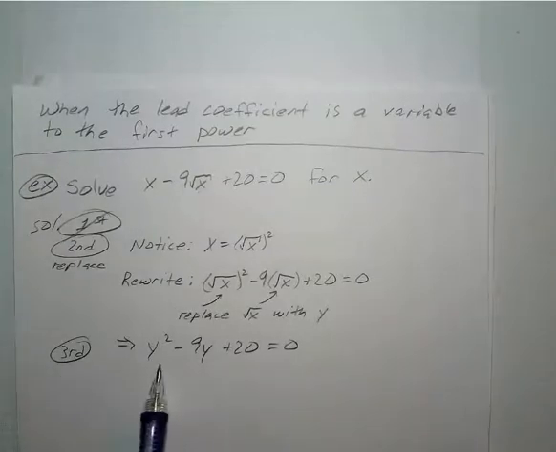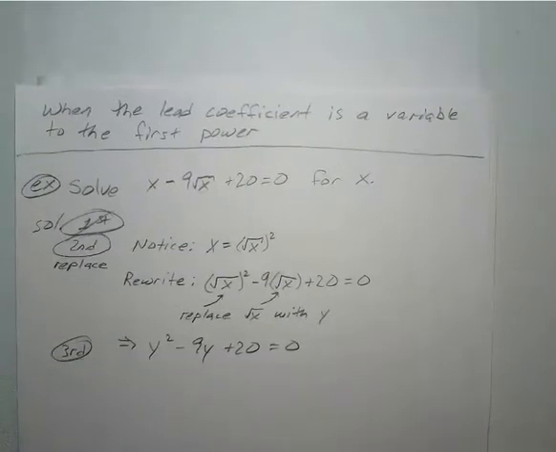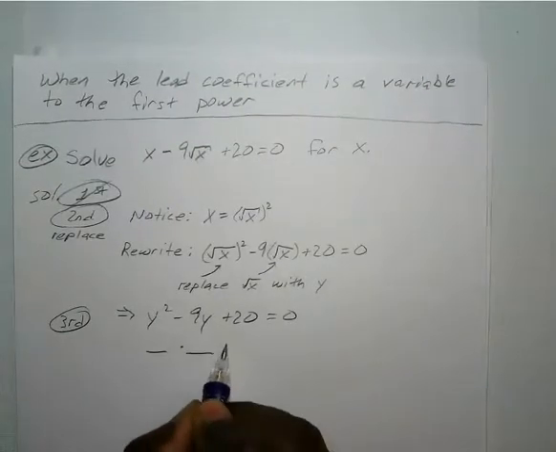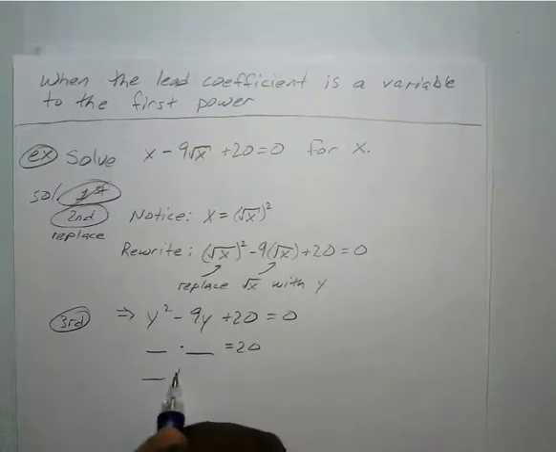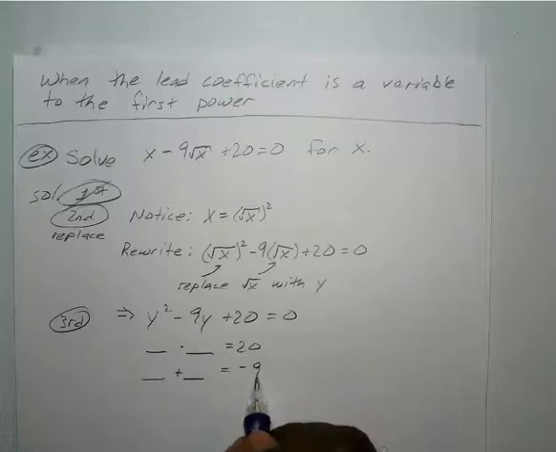Now this one, we don't really need the quadratic formula. We can go ahead and factor that using the direct method. Okay, where we find two numbers that multiply to equal your C value, and those same two numbers add to equal your B value, which is -9.